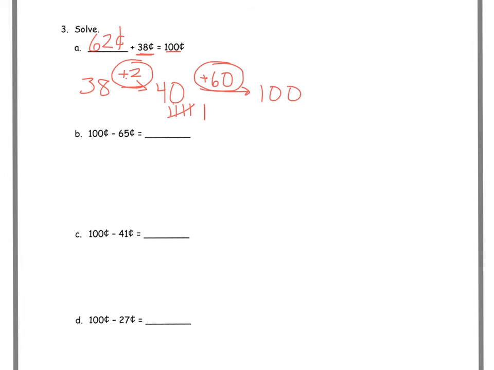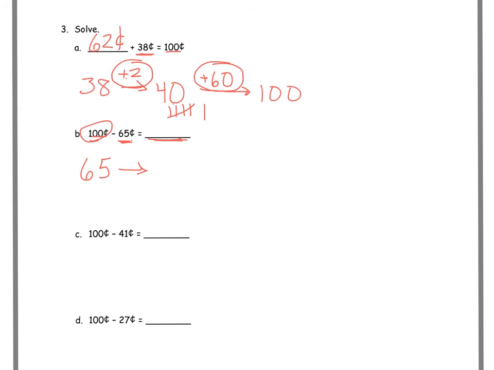Now, 100 minus 65. I'll use the arrow way and then I'll show one vertically as well, so you can see the vertical method with it. So I'm going to start with 65. That's one of my parts. I know the 65 plus this missing will get me 100 because I'm taking 65 from this.